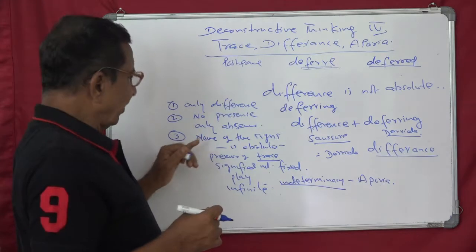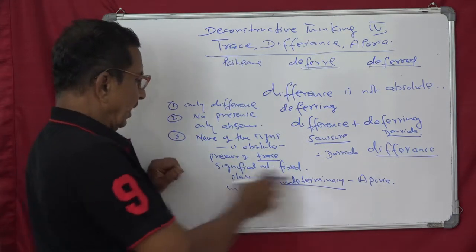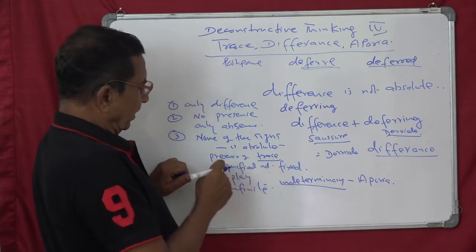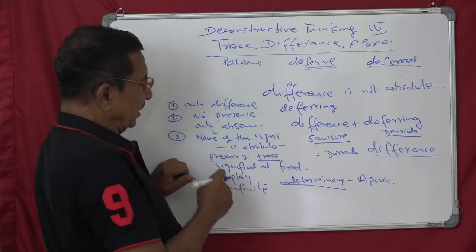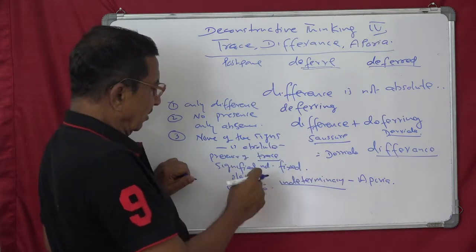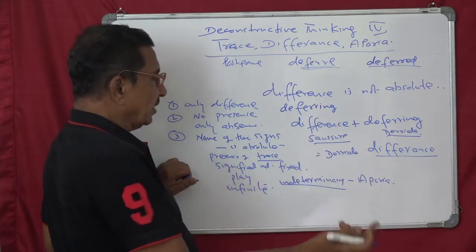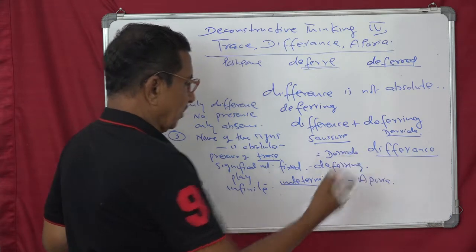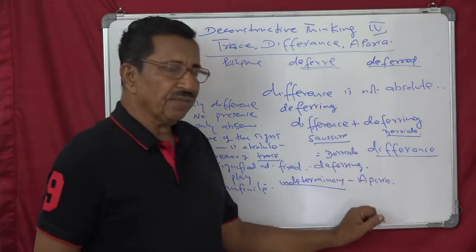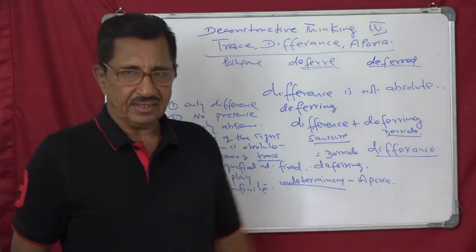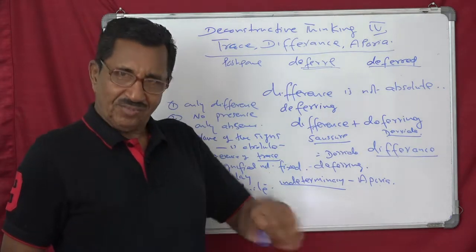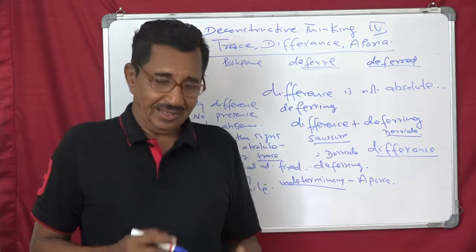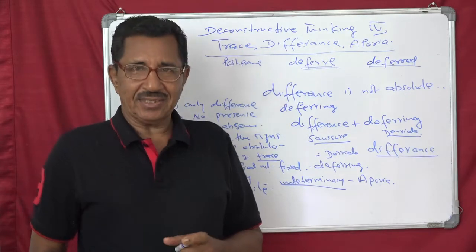And this difference and postponement, that's what we said, deferring. Postponement comes here. The signified is not fixed. Why not fixed? Because there is deferring or postponement. And this difference and deferring together you call différance. Because of this différance, there is play. Because of the play, there is indeterminacy.